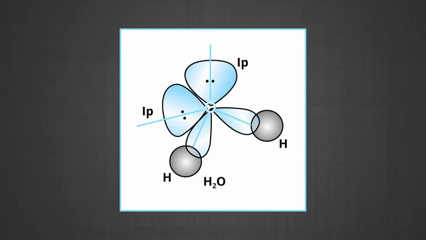These four sp3 hybrid orbitals acquire a tetrahedral geometry with two corners occupied by the hydrogen atoms while the other two are occupied by the lone pairs. The bond angle in this case is reduced to 104.5 degrees from 109.5 degrees. The figure shows you how the molecule thus acquires a V shape or angular geometry.